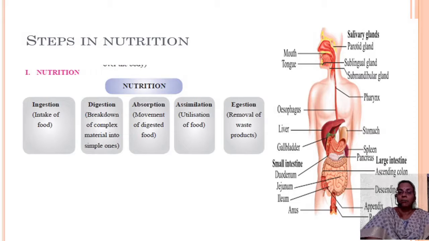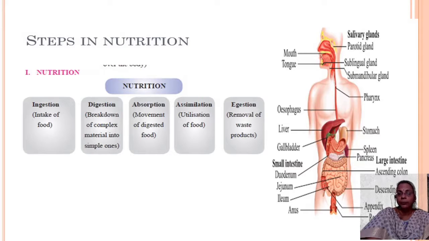It contains bile salts and bile pigments. The bile salts are mainly the ones helping in emulsification of the fat. Then within the small intestine, the complete digestion will take place.